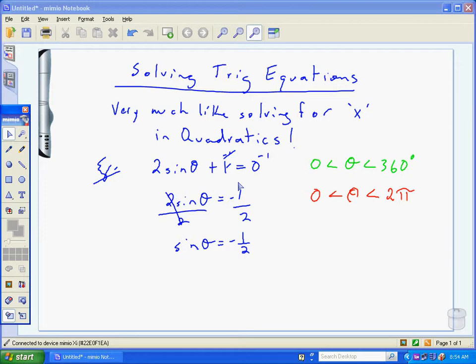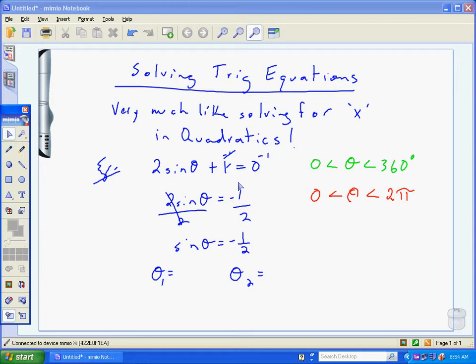Go to your unit circle. Some of you might not even need to use your unit circle right now. And tell me the answers, all the answers in degrees for theta. And we should have 2 of them, where sine theta equals negative 1/2. 210 degrees.